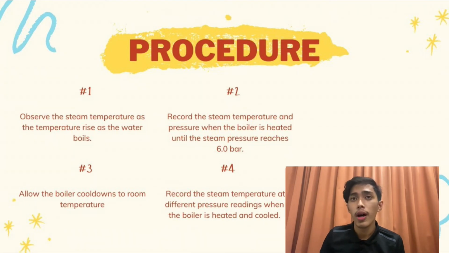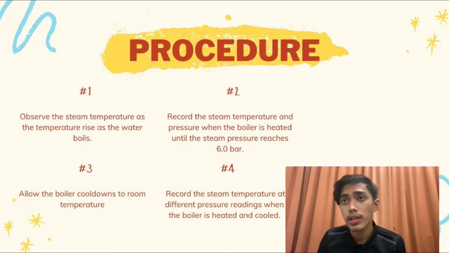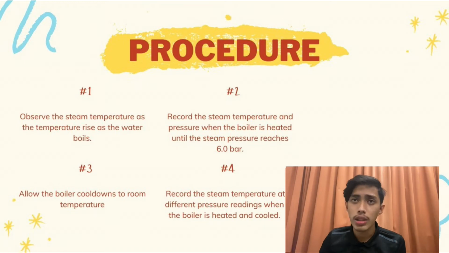Number 5, observe the steam temperature as the temperature rises as the water boils. Number 6, allow steam to come out from the valve for about 30 seconds and then close the valve. Then record the steam temperature and pressure when the boiler is heated until the steam pressure reaches 6.0 bar.